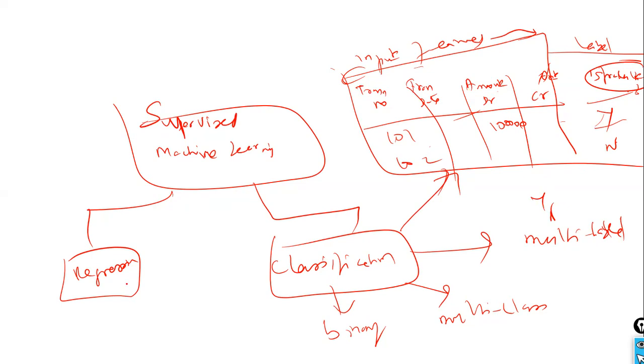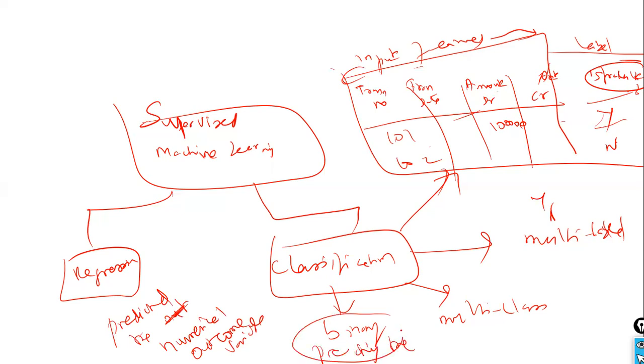In the case of the regression problem, we predicted a numerical outcome variable, whereas in this case, we are predicting the binary outcome variable, or binary class.